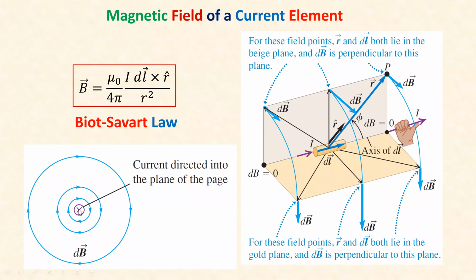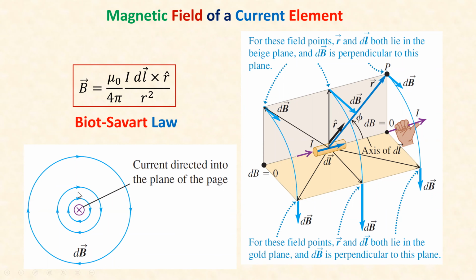And again, if the current goes into the page here, the element of current is there, and the magnetic field is circulating around it. We said that we can use the right-hand rule to find out which way it is circulating. For example, here, is it clockwise or counterclockwise?